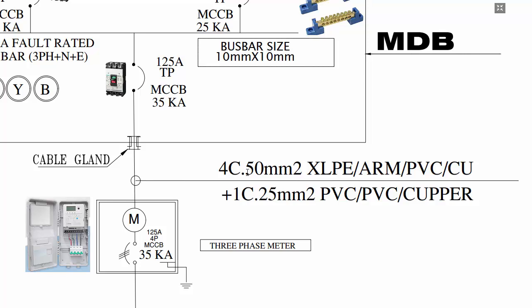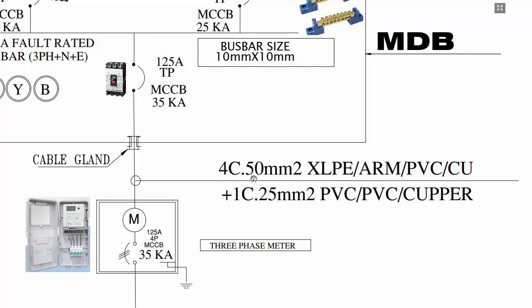4C, 50 squared millimeter XLPE ARM PVC CU. Cu means copper, PVC as you know is polyvinyl chloride, ARM means armored, and XLPE is cross linked polyethylene.